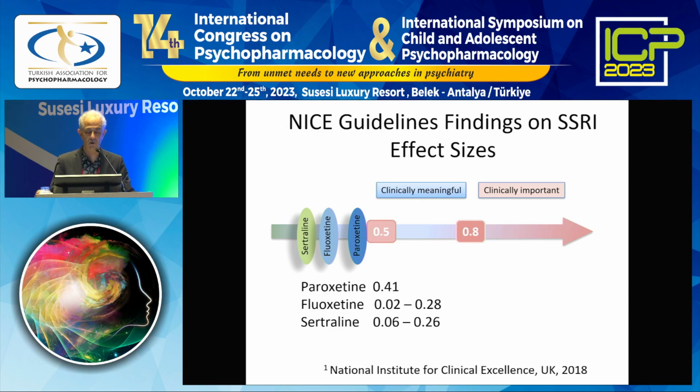They're all below the 0.5 effect size that they consider the start of a clinically meaningful benefit. 0.8 is considered clinically important by the NICE group, National Institute for Clinical Excellence. And look at how tiny they are. Paroxetine is the best at 0.41, but it has the disadvantages I've already mentioned. Sertraline could be as high as 0.26, and fluoxetine is the same or worse as sertraline.